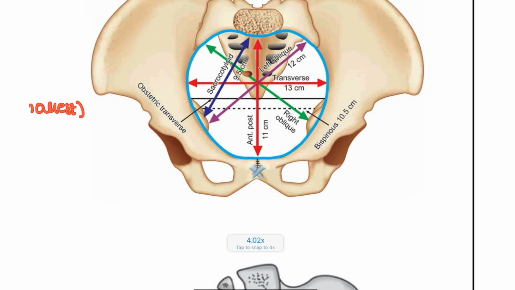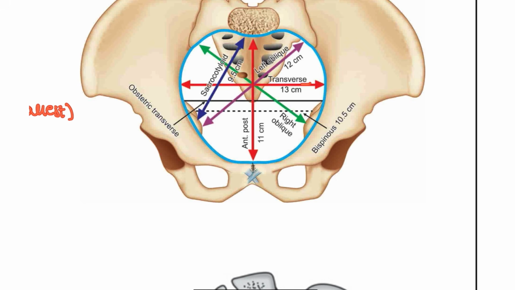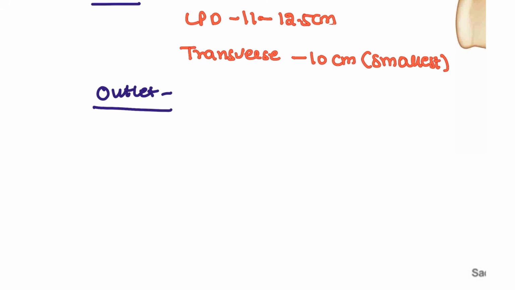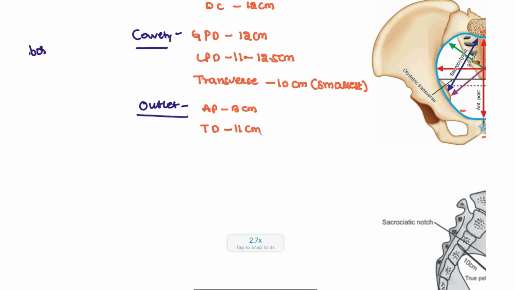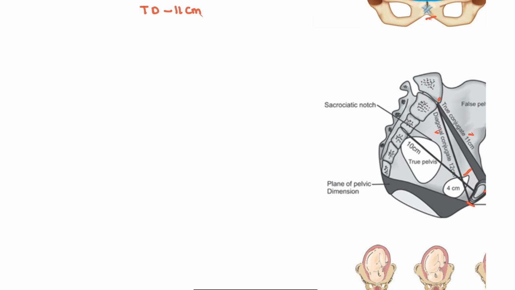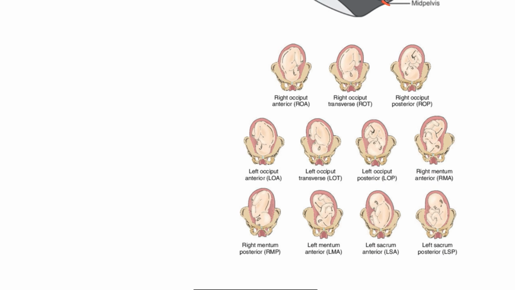Next, the last one, the outlet: anteroposterior is 13 centimeters, and the transverse diameter is 11 centimeters.